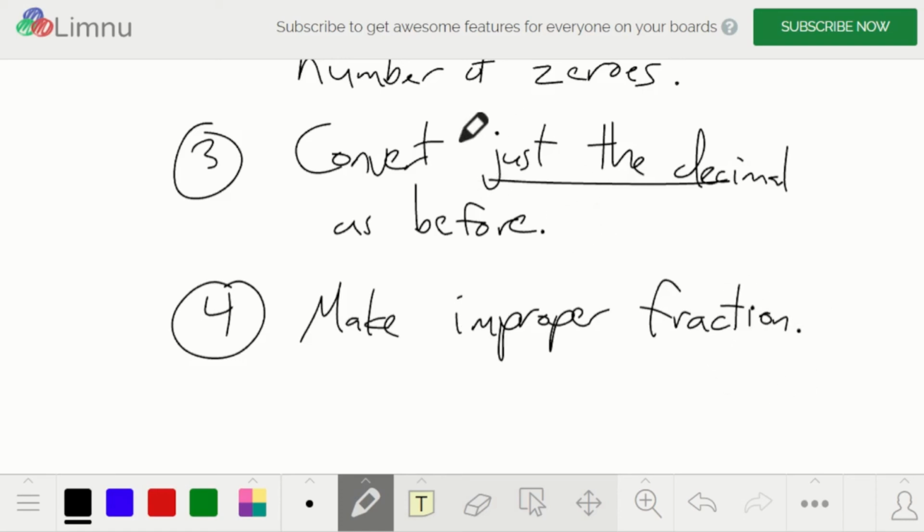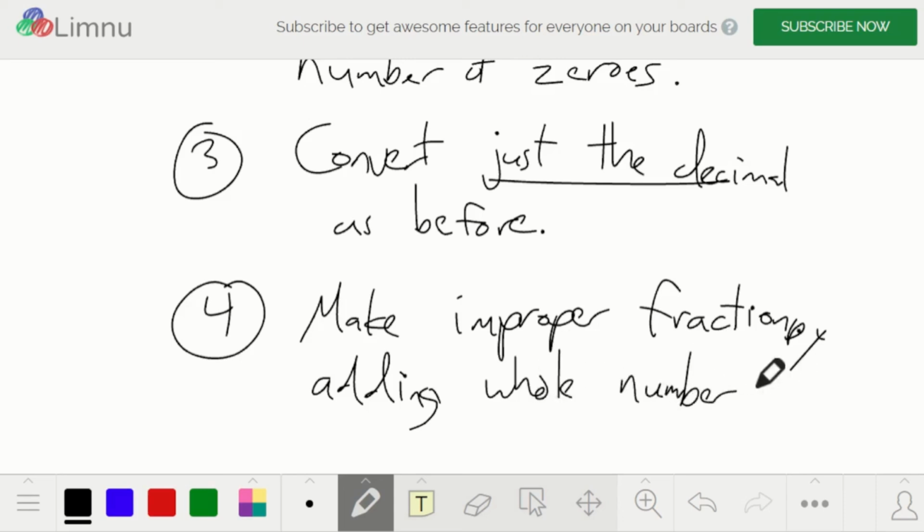We do that by adding that whole number that we ignored the first time. So we add the whole number we skipped in part 3.